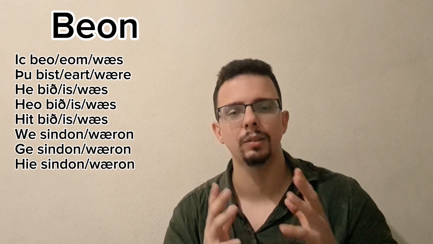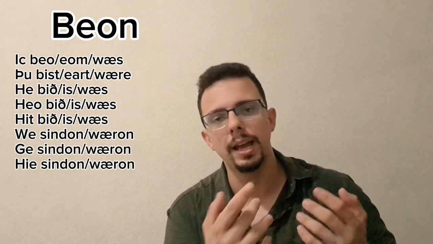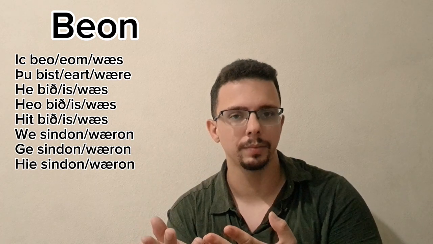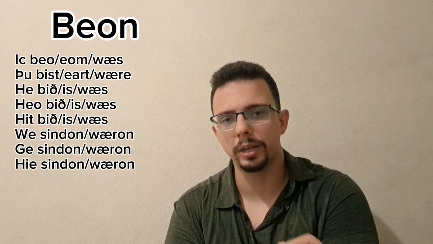And it's getting even more confusing because now we have these forms that start with a W. So we have the B forms, we have the S forms, we have eom, is, and now we have the W forms. Let me tell you something. The W forms are quite straightforward.